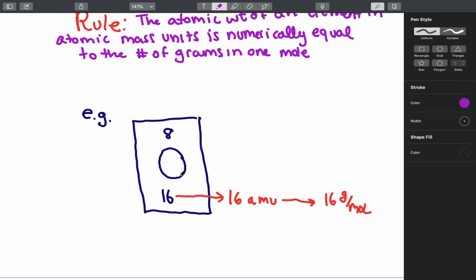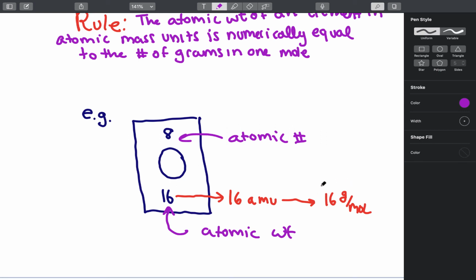So here I have an example of oxygen. This is how oxygen appears on the periodic table. Here is the atomic weight, and here is the atomic number, which is 8. The atomic weight is 16 atomic mass units, so by the rule above, this must mean that 1 mole of oxygen weighs 16 grams.